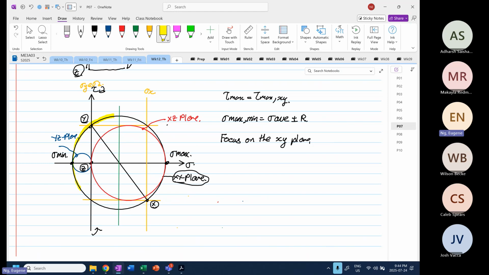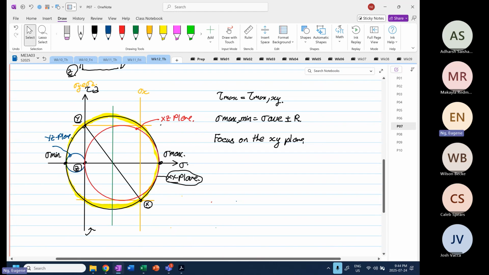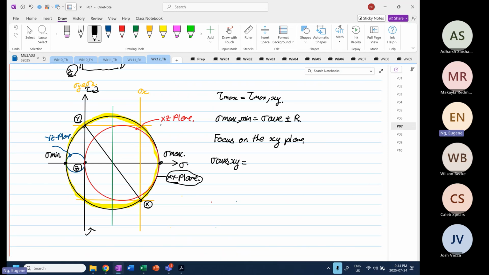The biggest circle is the most important circle. So when this is the case, you calculate your stress average of your XY plane, which is stress X plus stress Y divided by 2.